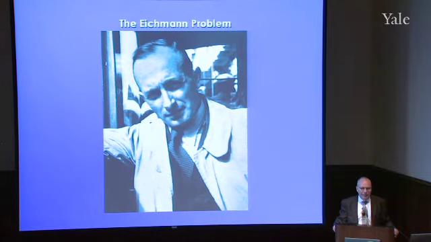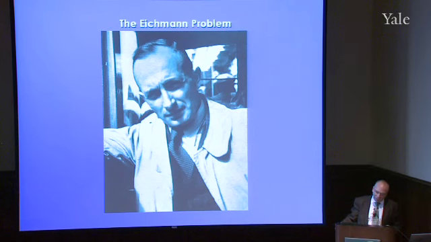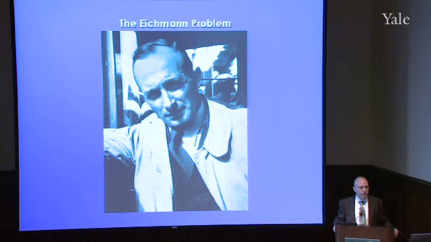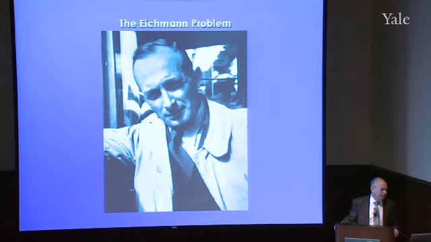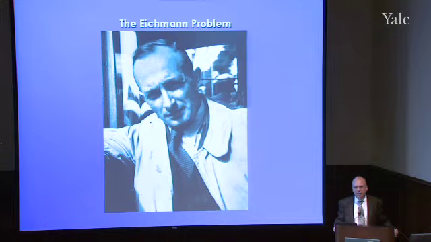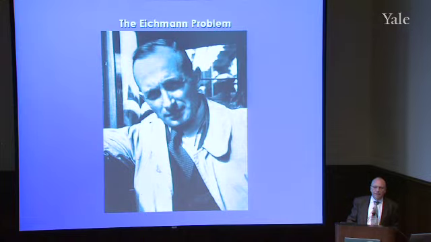And at the end of the war, he was captured along with a lot of other former Nazis, and he was inadvertently released. They didn't realize that he was a significant player in the organization of the so-called final solution of the Jews, and they released him, and he escaped.